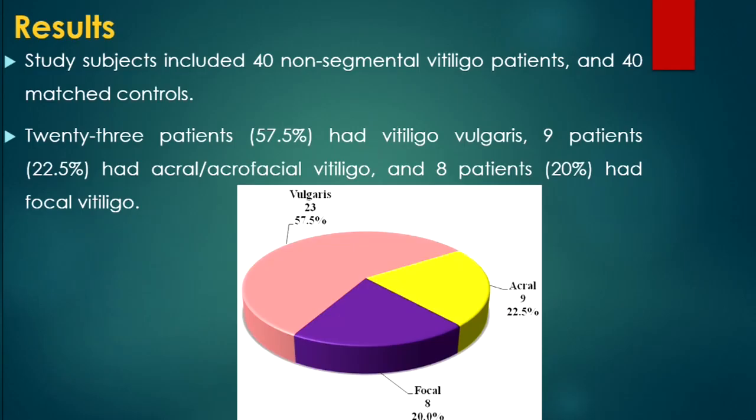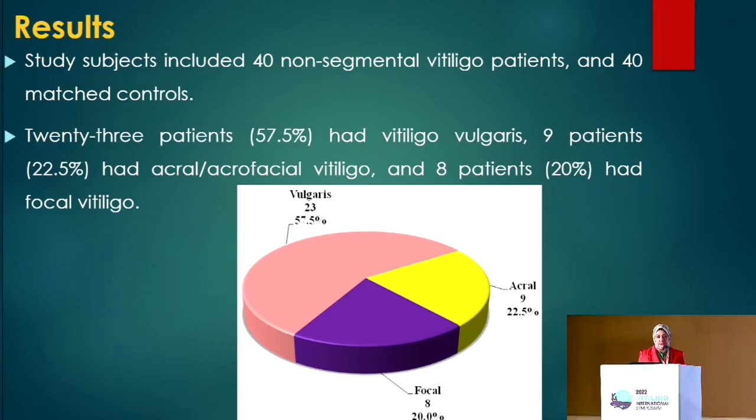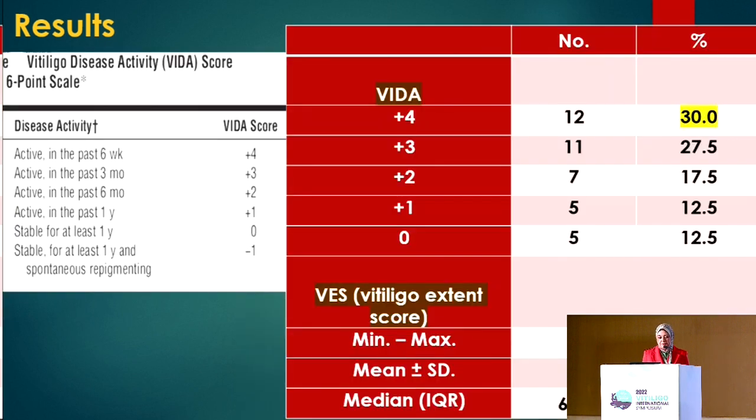As for the results, study subjects included 40 non-segmental vitiligo patients and 40 matched controls with a mean age of 32.4 years. 23 patients had vitiligo vulgaris, comprising 57.5% of the sample. 9 patients had acral vitiligo, and 8 patients had focal vitiligo.